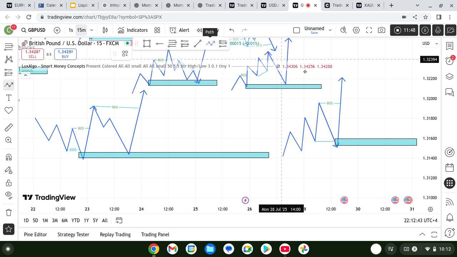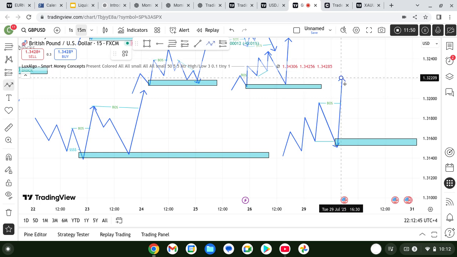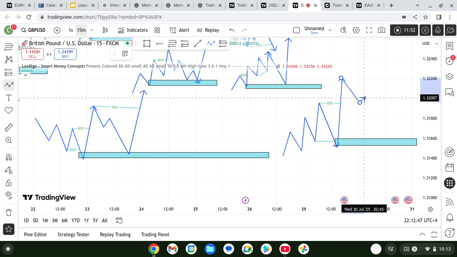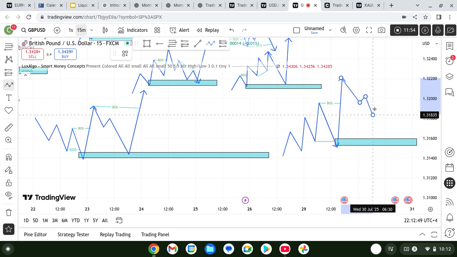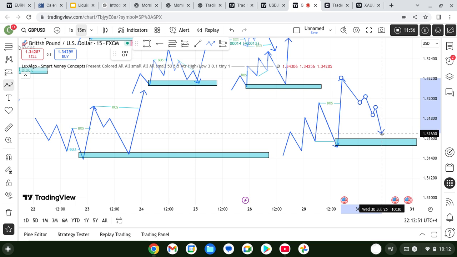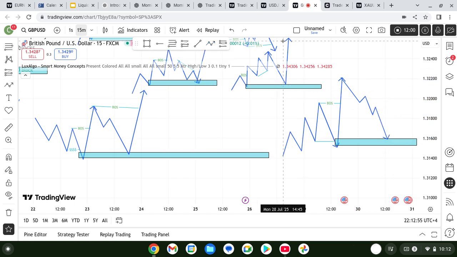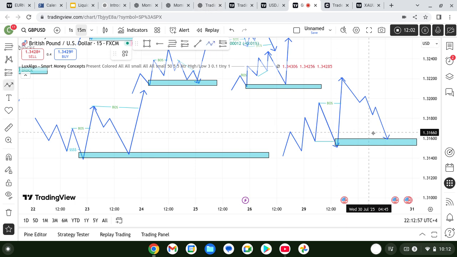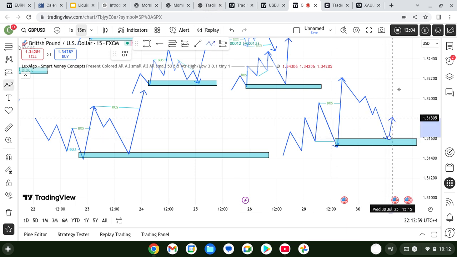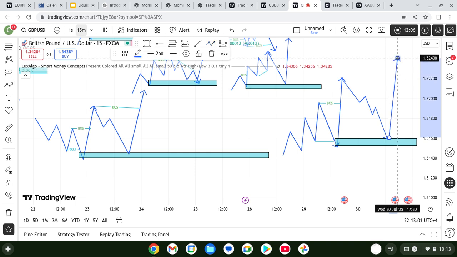In any case, the market will come and take this and continue in this movement.